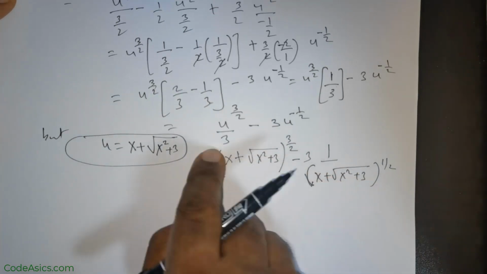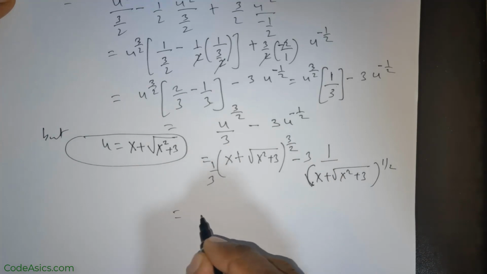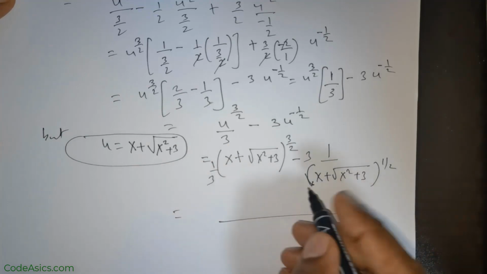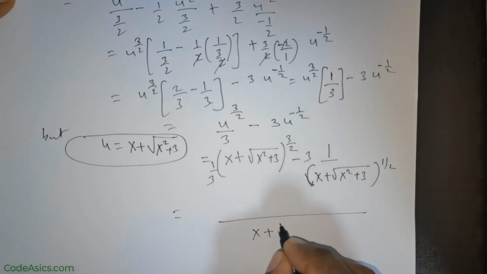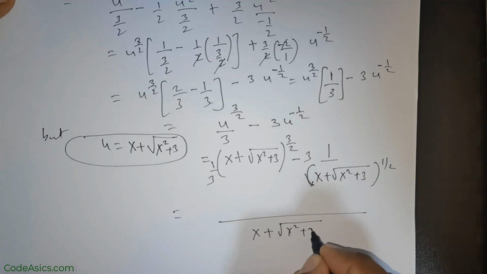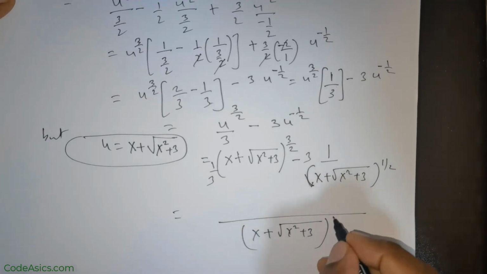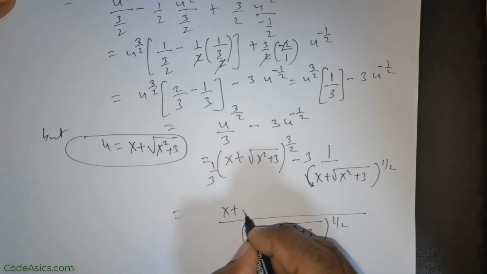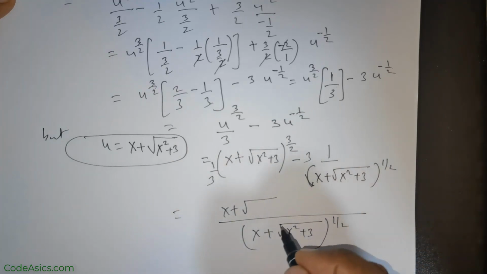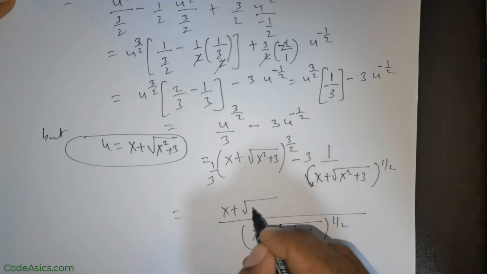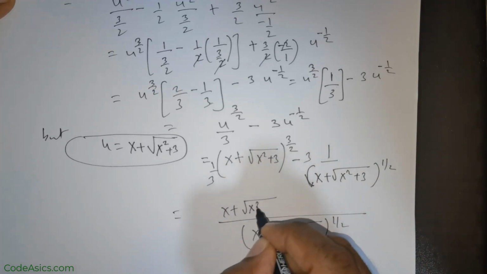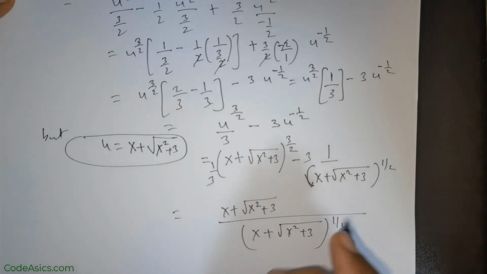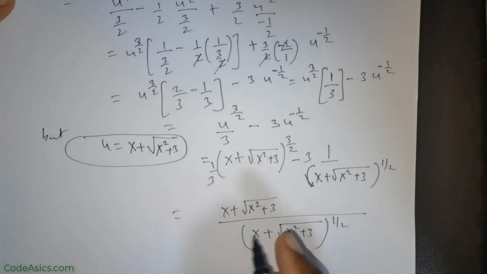Now what you can do is take the LCM. If you were to take the LCM, this is going to be x plus root of x squared plus 3 raised to the power of 1 over 2. So you multiply this, you get x plus root of x squared plus 3. Of course there is a 3 there, so probably you can place a 3 there.